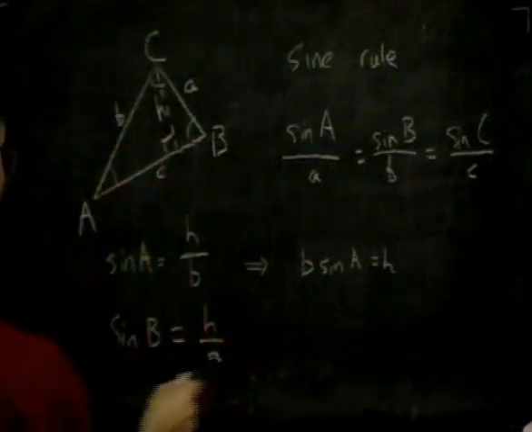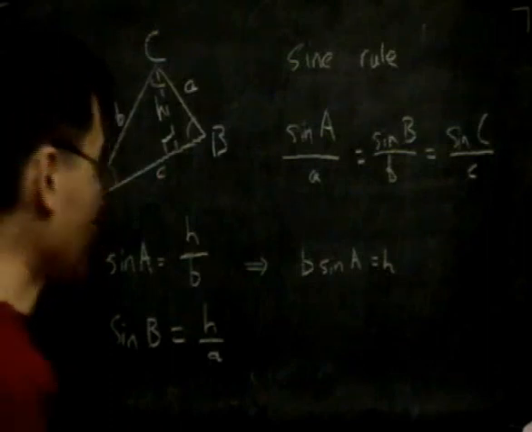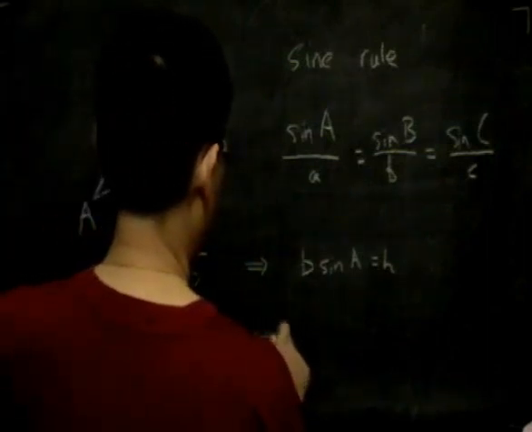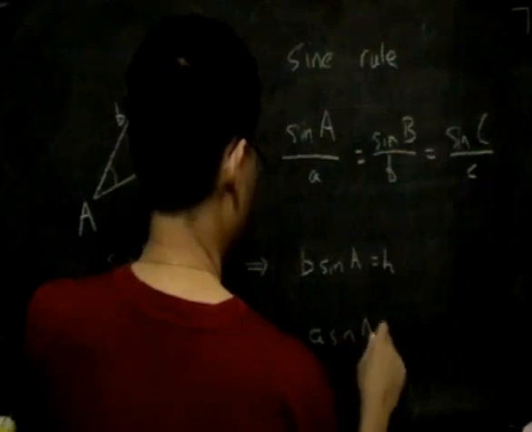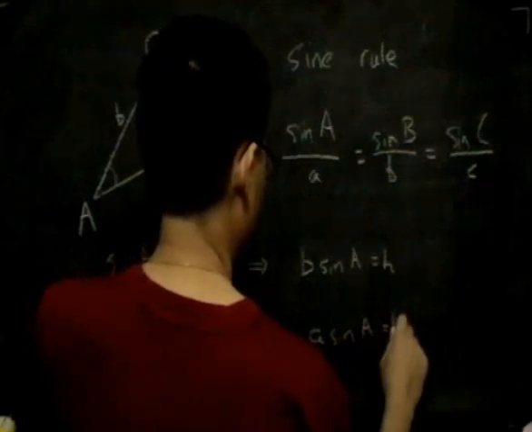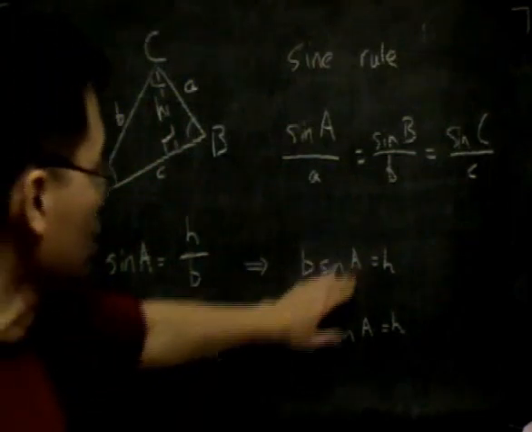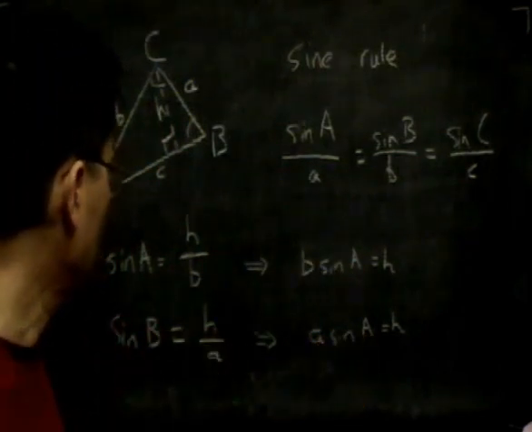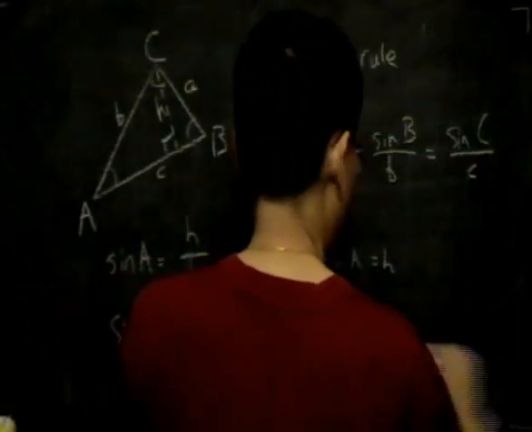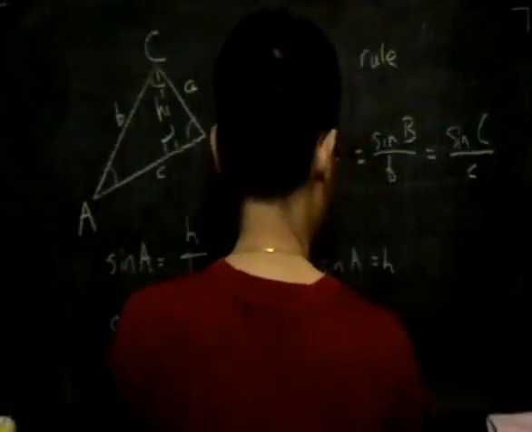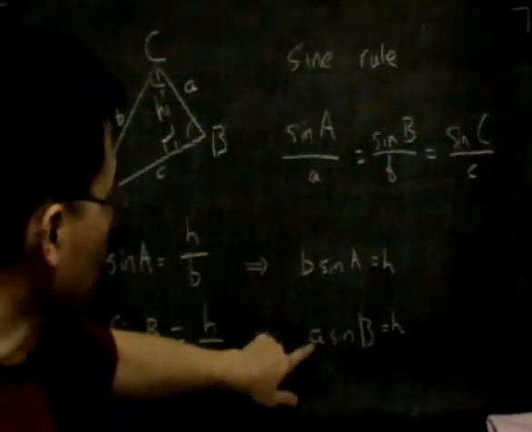Likewise, if I bring a to the other side, meaning multiply both sides by a, a sine B is equal to h. So b sine A and a sine B are both equal to h, meaning that those two are equal.